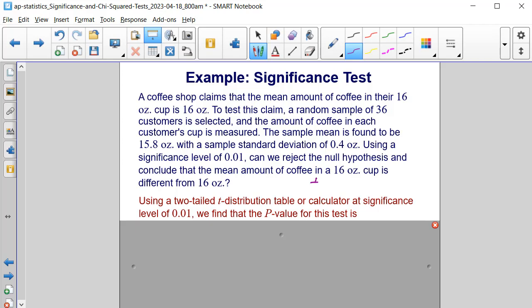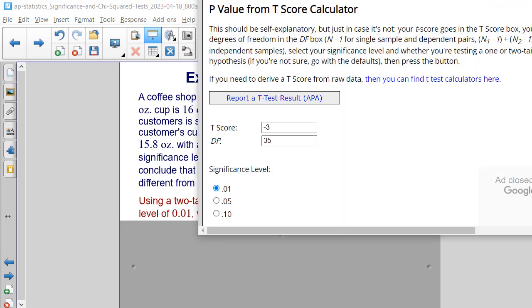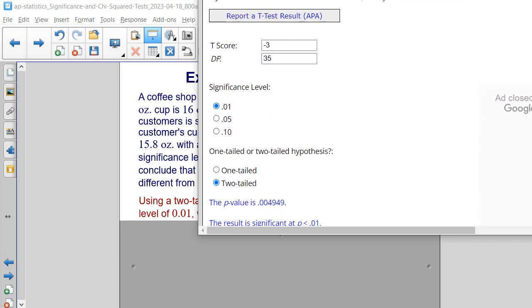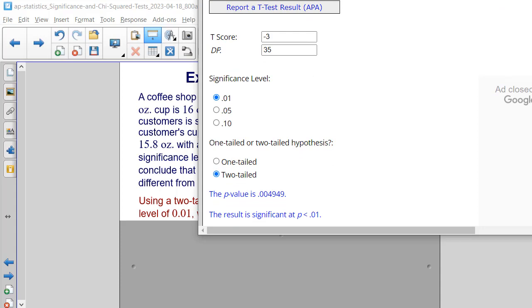We just calculated our t-value to be negative 3. And using a two-tailed t-distribution table or calculator at significance level of 1/100th, we can find the p-value for this test. So if we put in the t-score of negative 3 with the degrees of freedom of 35 and the significance level of 1% or 1/100th, and we want two-tailed, and after pressing the calculate button, the p-value is 0.004949.